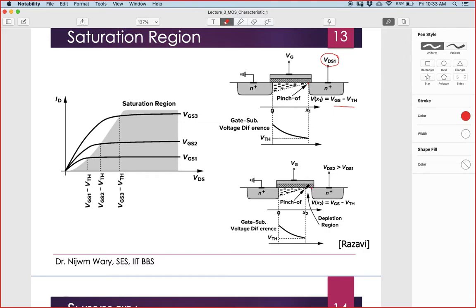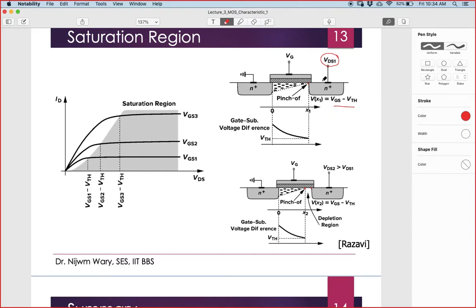There will be a potential gradient here, because the potential is much higher, even higher than this VG. Only at this point will the potential be equivalent to VGS minus VTH. So from this point onwards there will be no channel in this region.